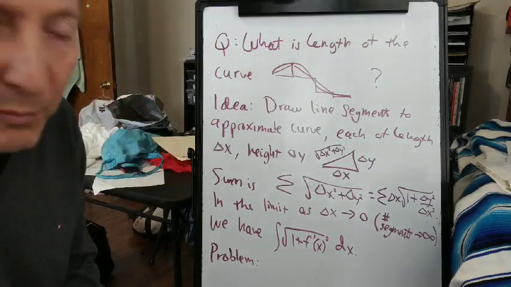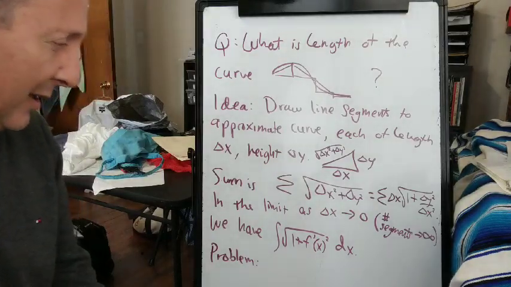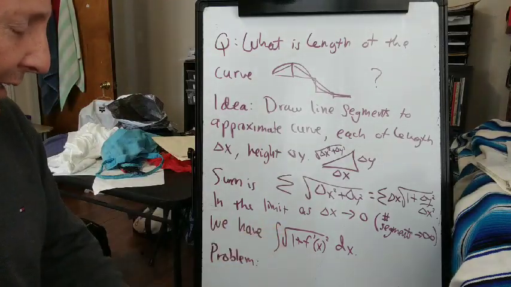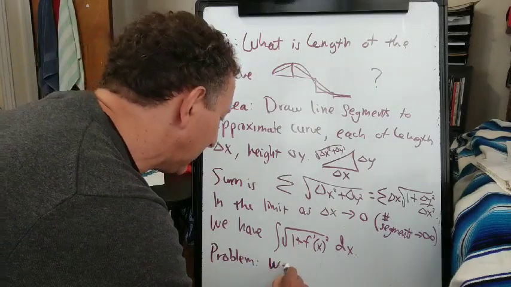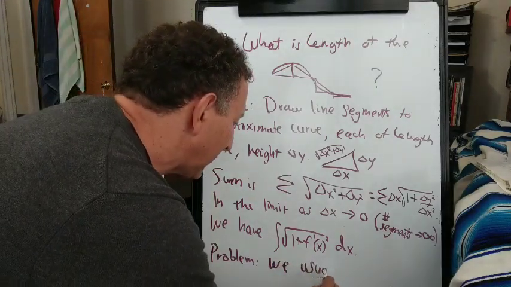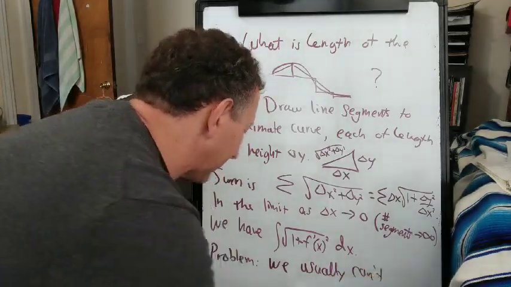Now there's only one problem. As I've said many times, the human race is not that good at integrating. And it turns out that these integrals are usually things we can't do. So the problem is we usually can't integrate this.